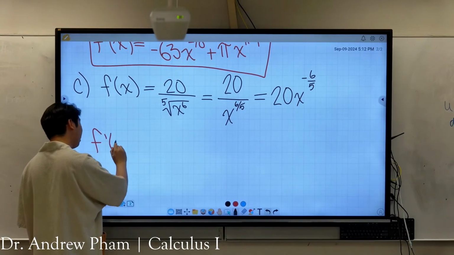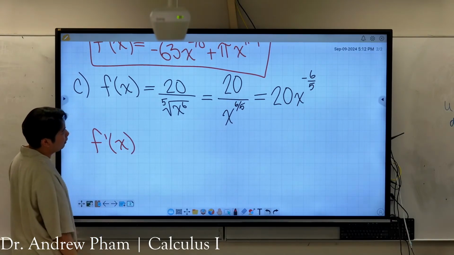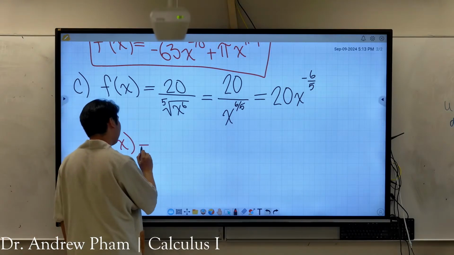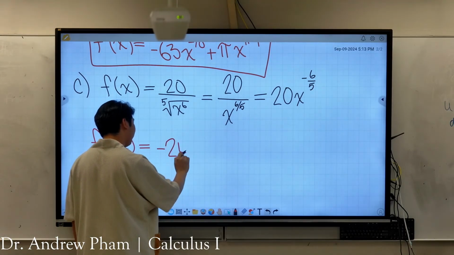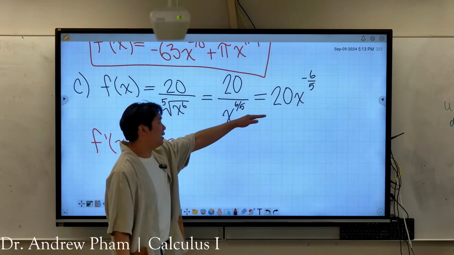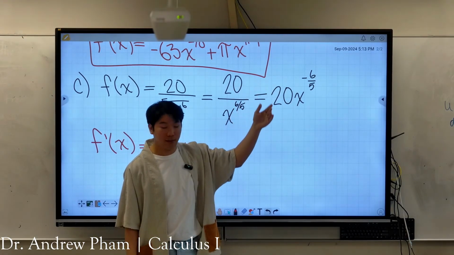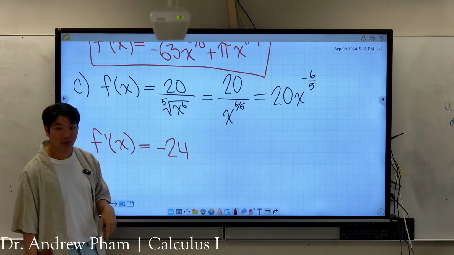So f prime of x, bring down the power of negative 6 over 5. What's negative 6 over 5 times 20? Yes, I agree. Negative 24. Quick way we could have done that. 20 divided by 5, we get 4. 4 times negative 6, negative 24.